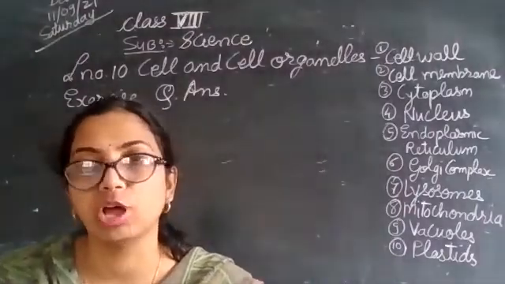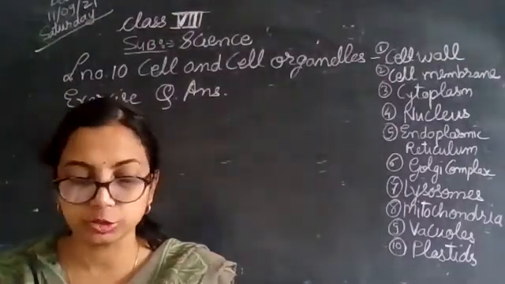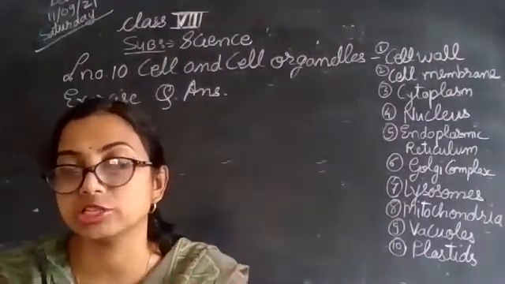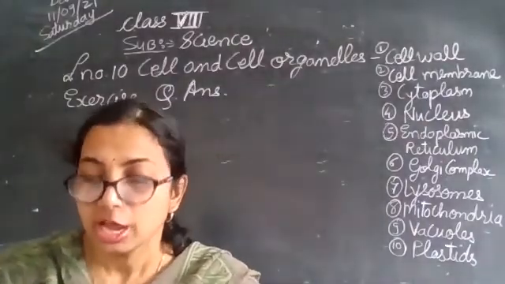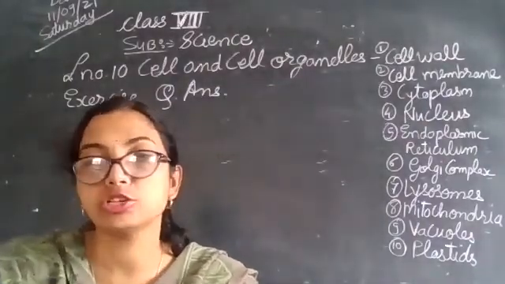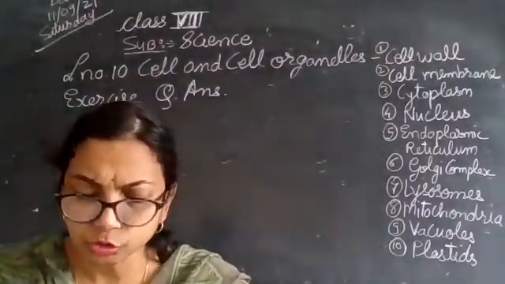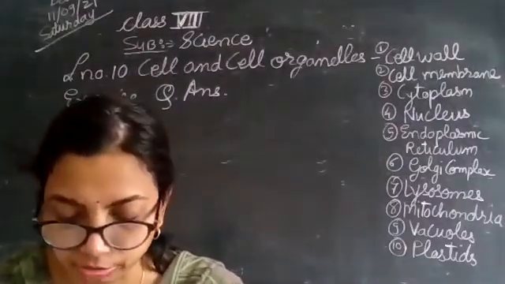It is not cell wall, which is present only in plant cell, but this plasma membrane is present in all cells, plant cell as well as animal cell. Its structure is like that of a net, and it is semi-permeable, allowing certain things to move in and out of that layer. So the third answer will be cell membrane or plasma membrane.